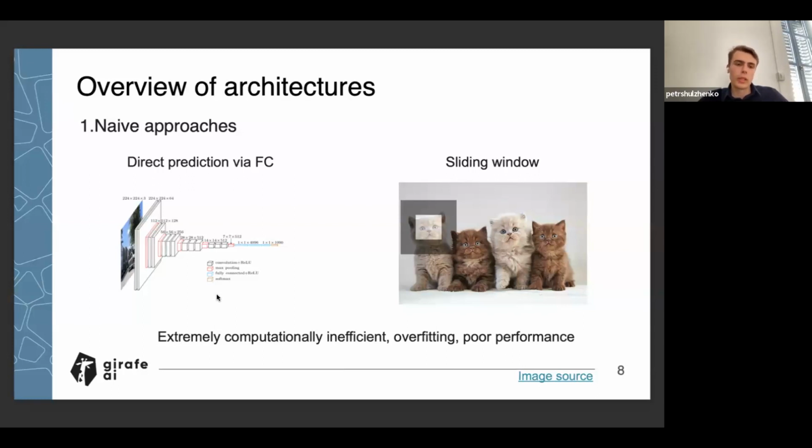That's why I named this slide like this, because people just tried to, for example, use linear layers, dense layers, in the end to produce segmentation masks. So I think it's clear that there is a huge room for overfitting here. It's extremely computationally inefficient.